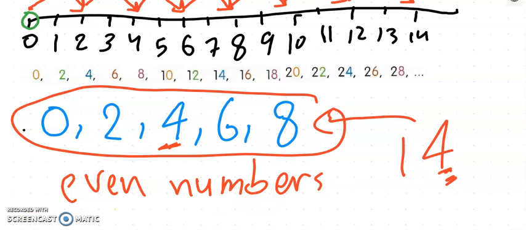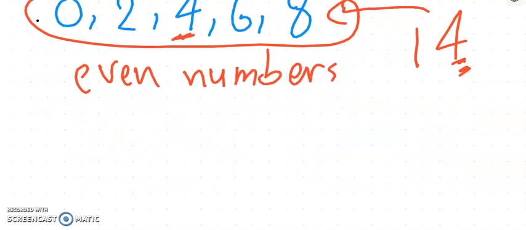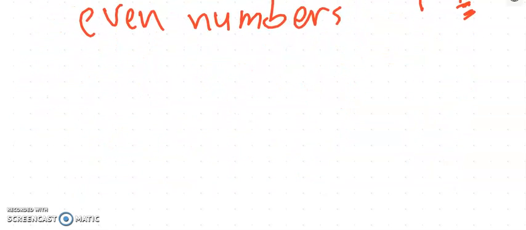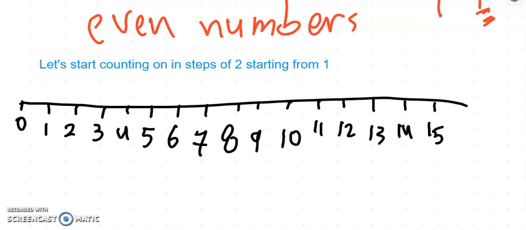Now let's count on in steps of 2, but this time we'll not start from 0, we'll start from 1. This is the number line. I will start counting on from the number 1 here. I'm going to add 2 every time. 1 plus 2 is 3, right?